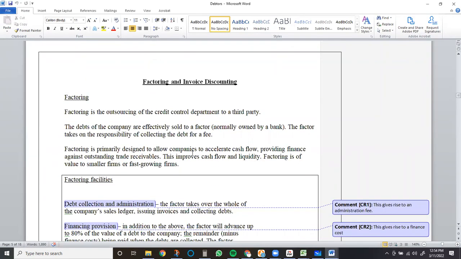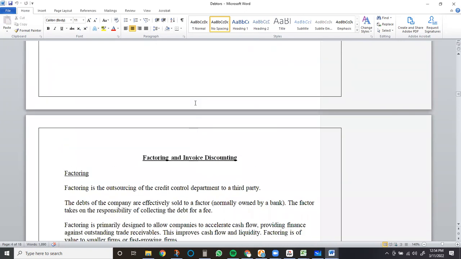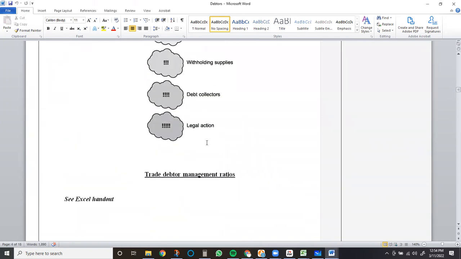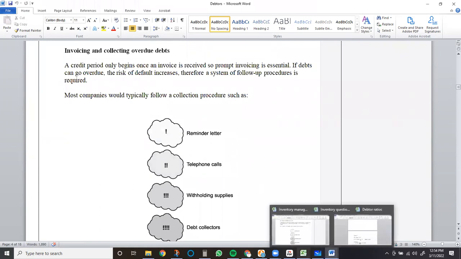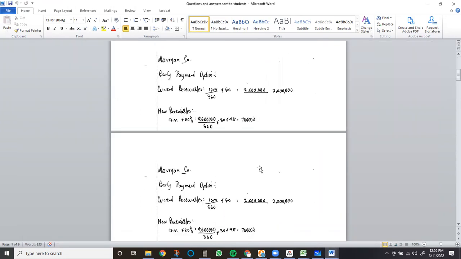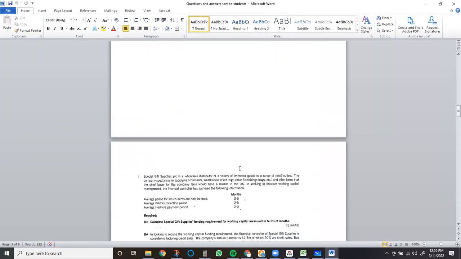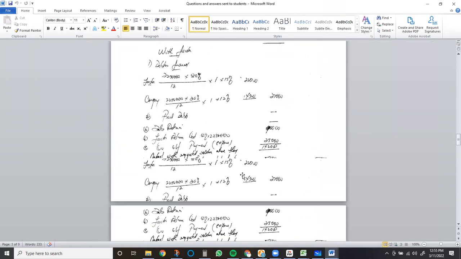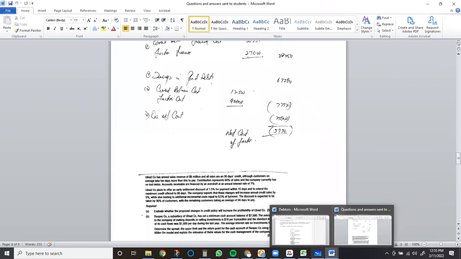So in the next class, what we'll be doing firstly, before getting into factoring and invoice discounting, I'll be showing you how the debtors policies actually work. And that's where this comes in.